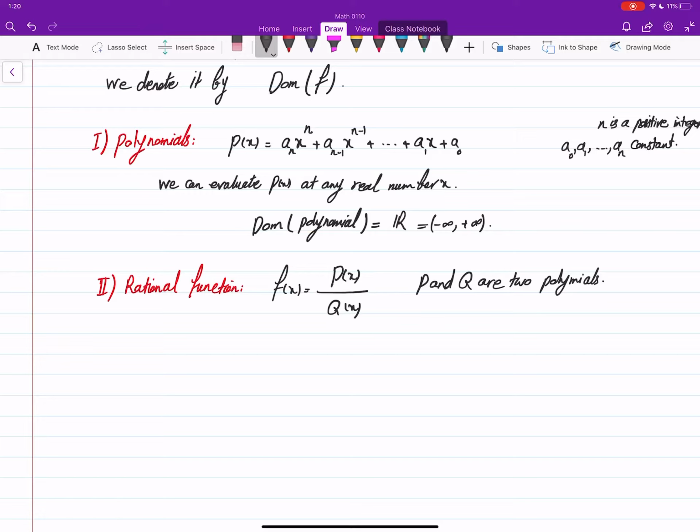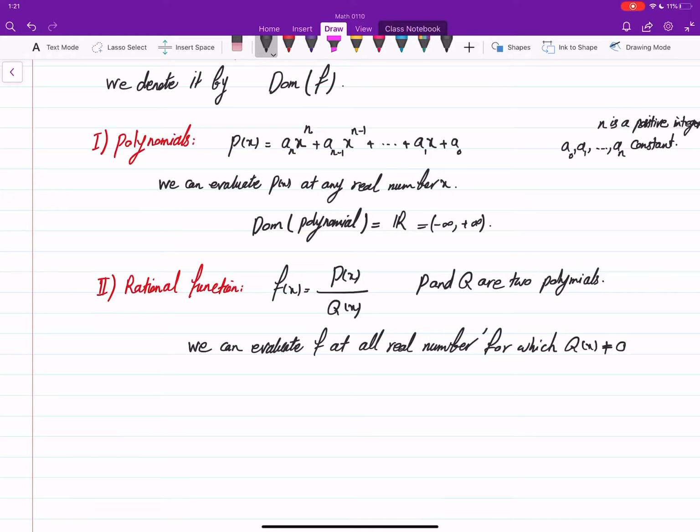Meaning that we can evaluate f at all real numbers for which q of x is non-zero.